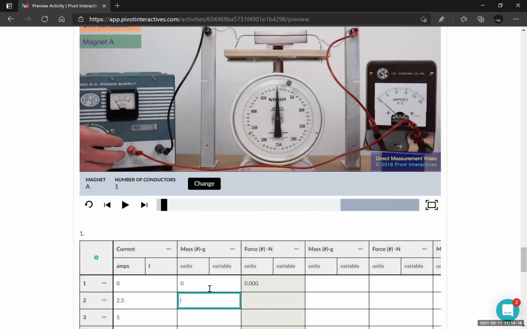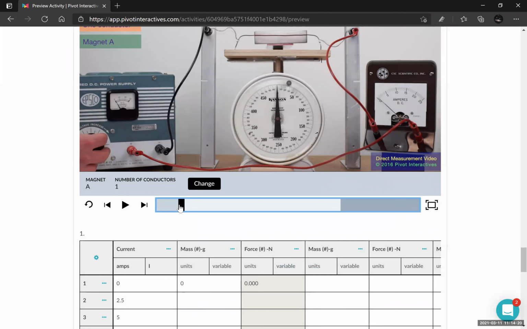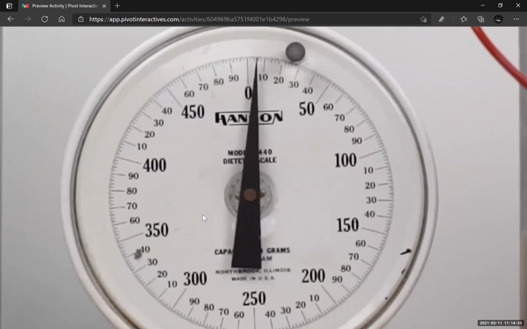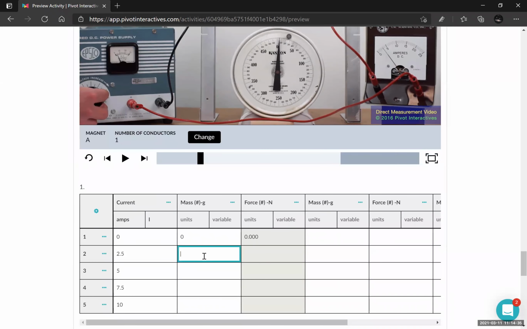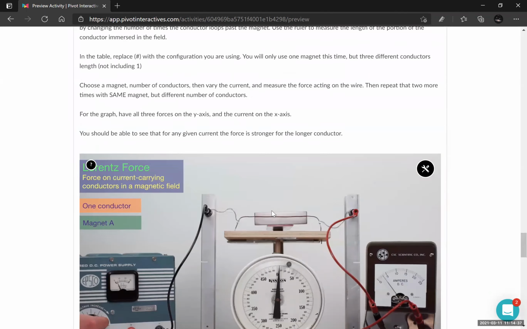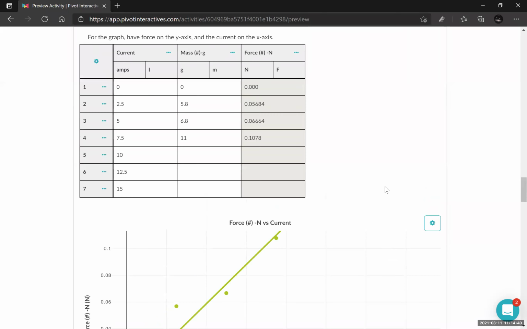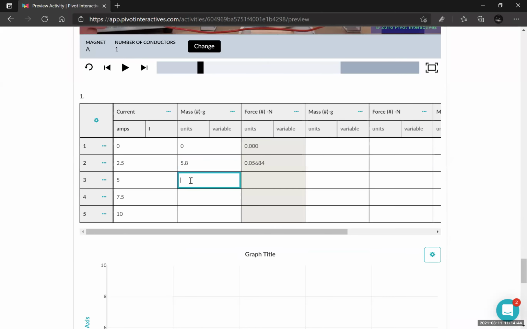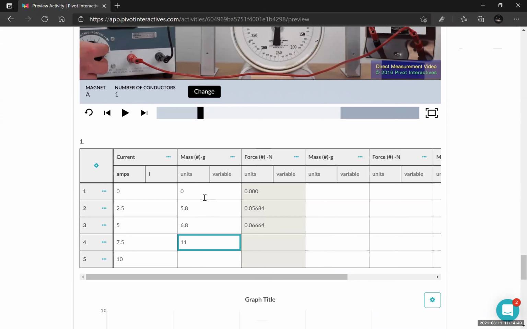Then when it's 2.5, roughly speaking, I get the force, it's about 6. I think it's exactly the same data as I had above. So what did I have? 5.8, 6.8, 11. So let's do that: 5.8, 6.8, 11.